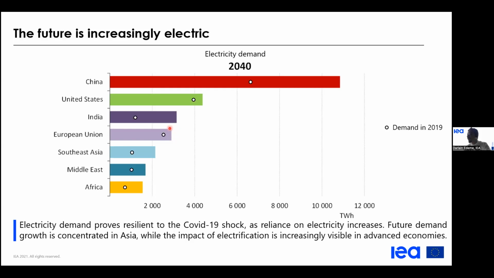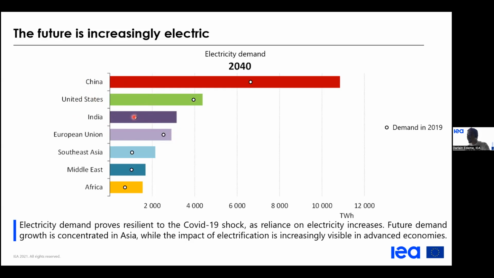So China and India, which are the biggest countries in terms of population in the entire world and are both in the Asian continent, are at the first and the third place when talking about electricity demand.